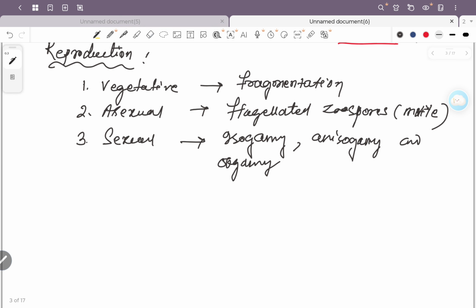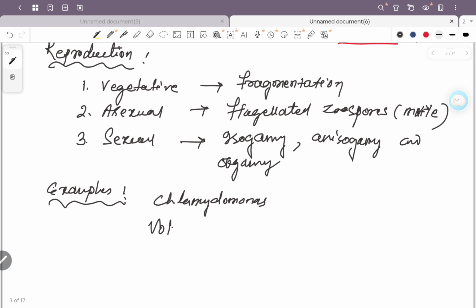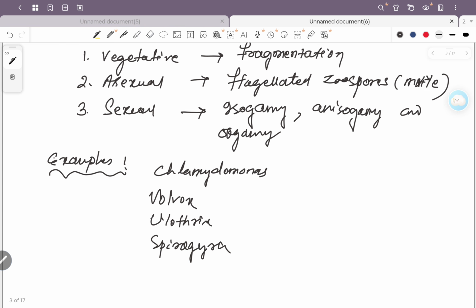Now come to some common examples. Some members are Chlamydomonas, Volvox, Ulothrix, Spirogyra and Chara.